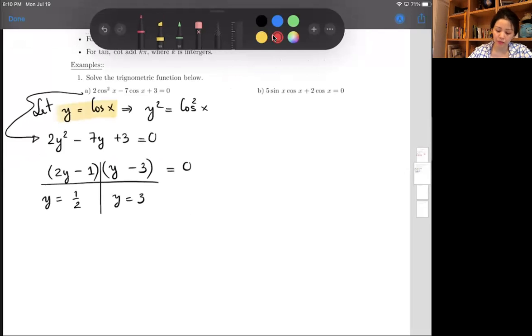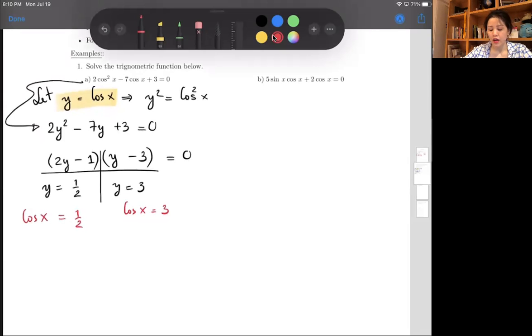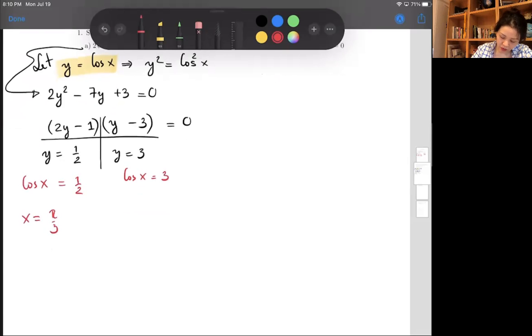So instead of y, I'm going to write cosine x equals 1/2, and over here, cosine x equals 3. For the left case, if you look up on the unit circle, cosine of x equals 1/2 when x equals pi over 3, or x equals 5 pi over 3.